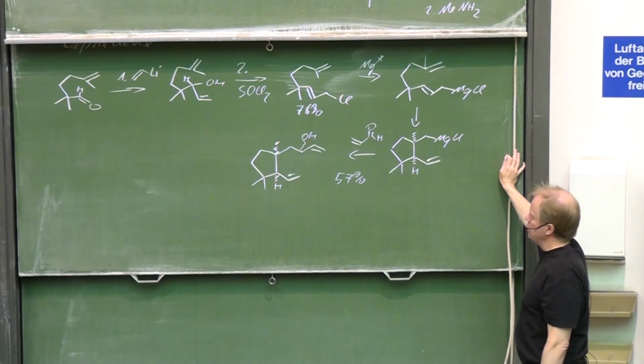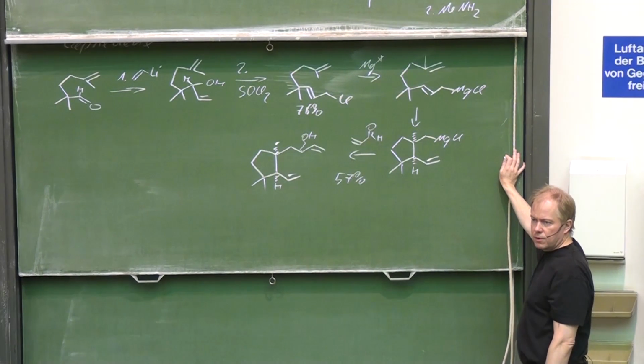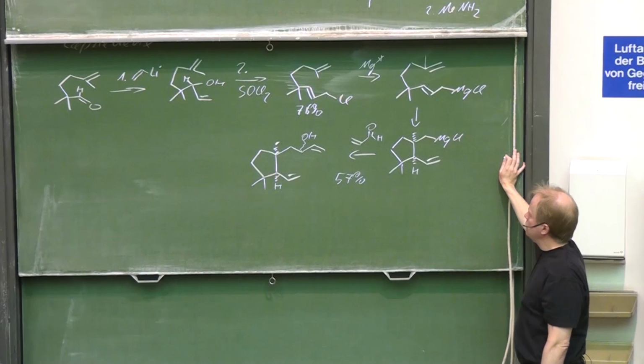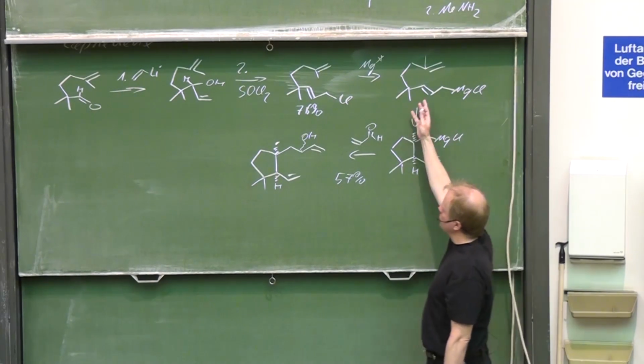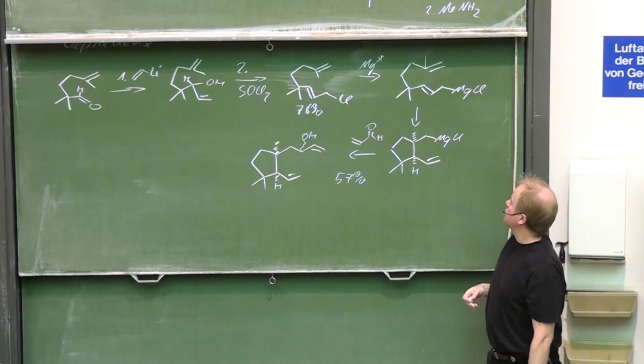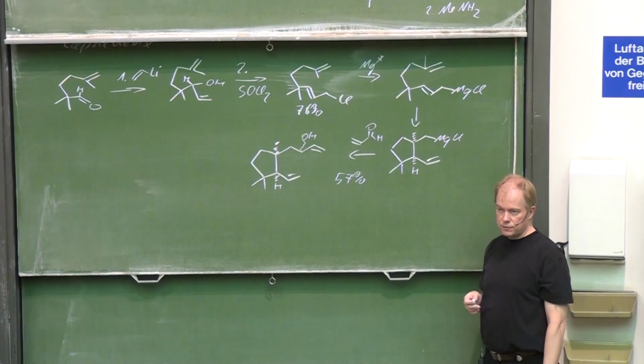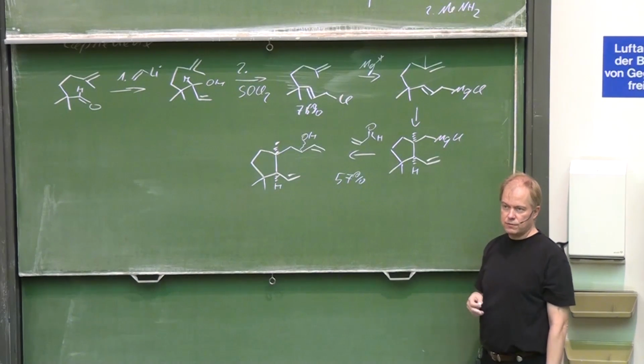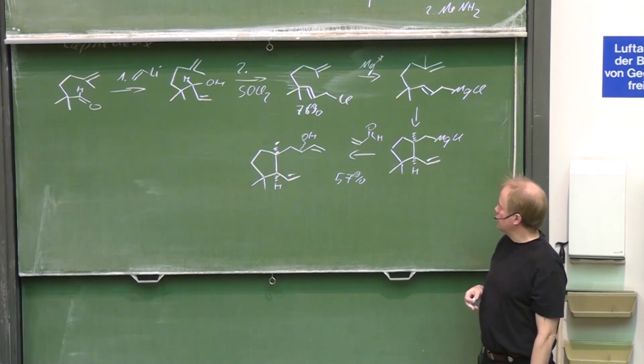So what might be the problem here? Why is it only 57%? Okay, you always have some problems with that formation of allylic magnesium halides if it's not activated enough. We have discussed that problem with allylic radicals as intermediates before.